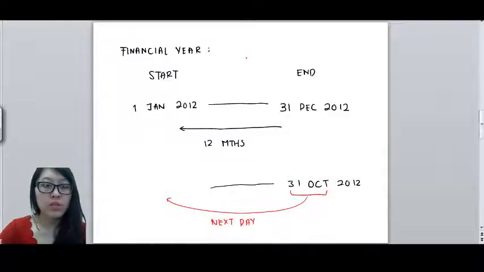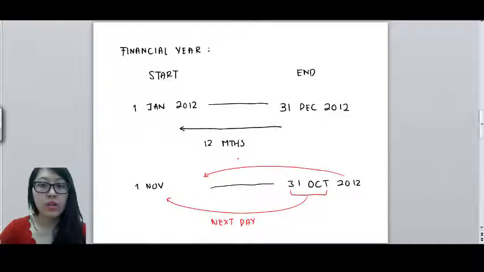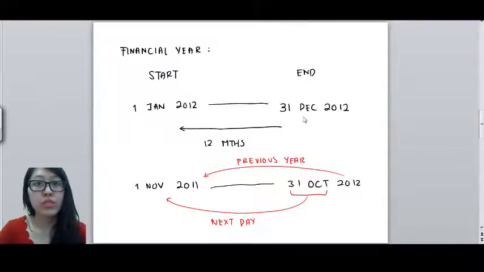So in this case, rather than counting with your fingers, 1st November. And then what about the year? Well, you're going to have to take the previous year, which in this case would be 2011. So this is a good tip for when you're dealing with accrual and prepayment questions.